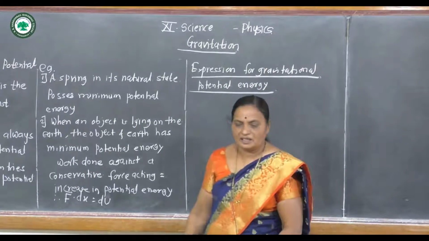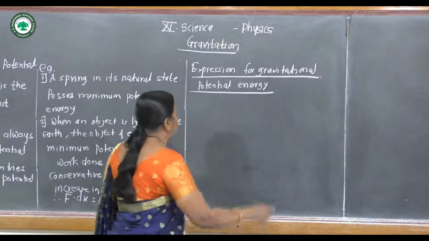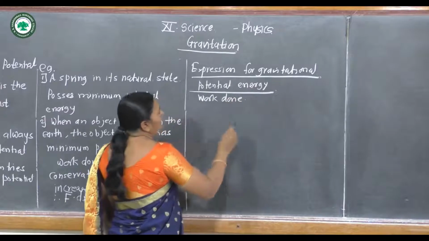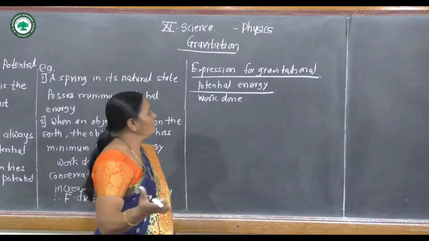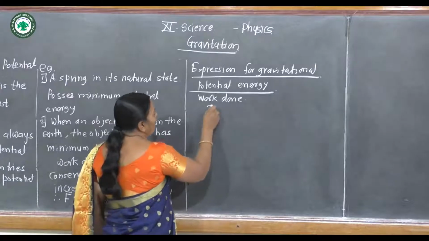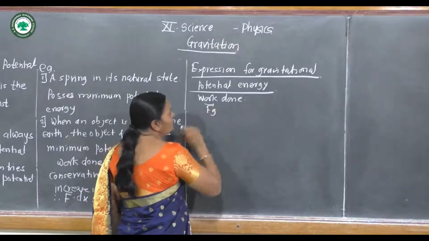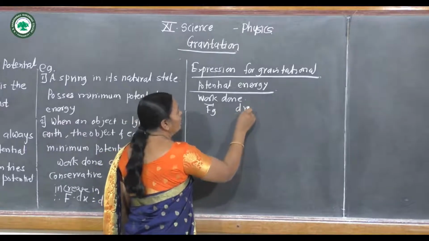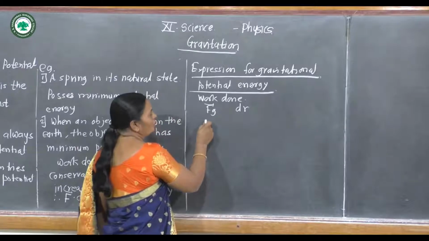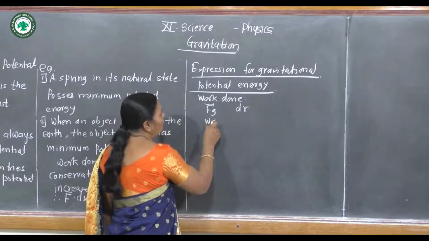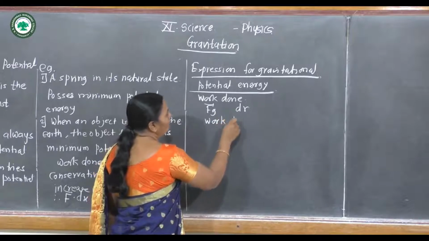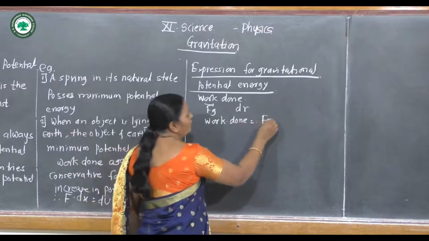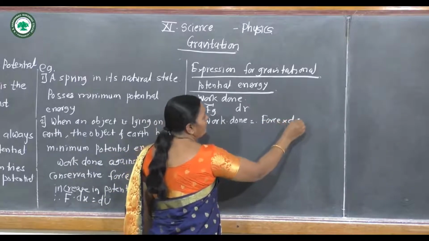Now here we consider the work done, and the work done is nothing but force multiplied by displacement. Now see, Fg is the gravitational force, and suppose there is a displacement dx or dr. Now work done is equal to force multiplied by displacement.